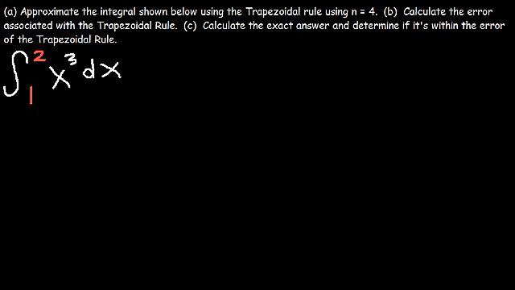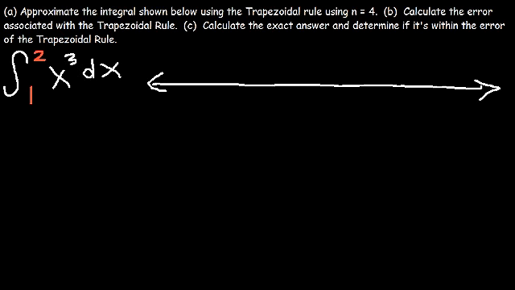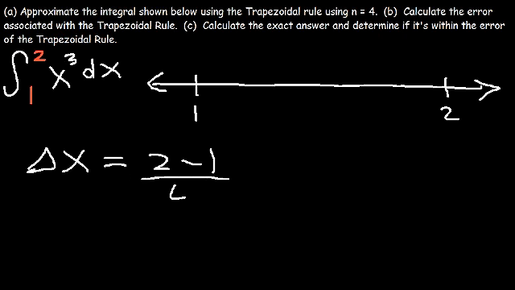So here is the last problem for today. Approximate the integrals shown below using the trapezoidal rule using n equals 4. So let's start with that part first. So if we make a number line, it ranges from 1 to 2. And let's calculate delta x, which is b minus a, 2 minus 1, divided by n.